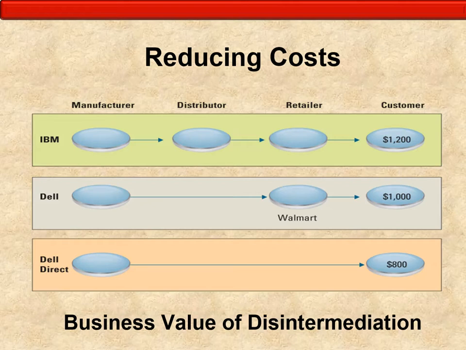The distributor then has to find retailers to carry the product. Then the retailers, of course, find the consumers to consume the product. So you can see in the middle, IBM had many steps there to get to the consumer.